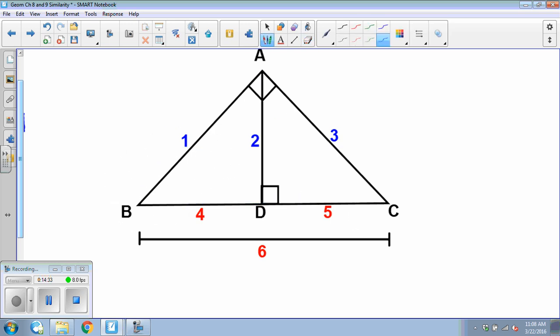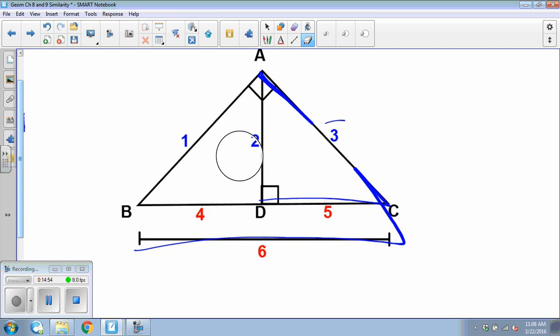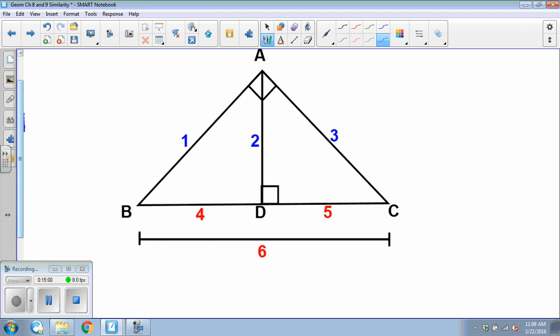So let's say I needed to find that one. John. 5 over 3. So 5 over 3 equals 3 over 6. Right? These are just patterns, simple ways for you to set up this proportion without having to figure out what parts correspond with what parts.